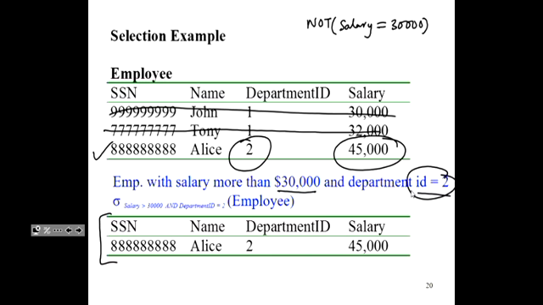Okay, so we talked about discarding these rows, right? The next question is, can you discard some columns? And for that, we have the projection operation. So the projection operation, like the selection operation, is a unary operation. It applies on one relation, and it returns a certain subset of the columns of that relation.